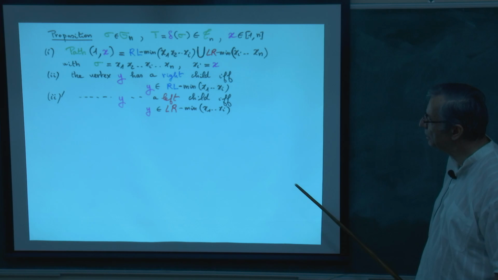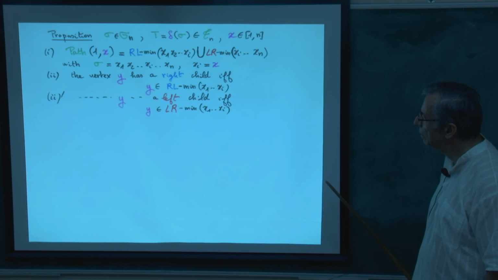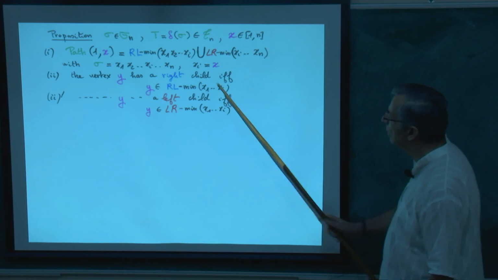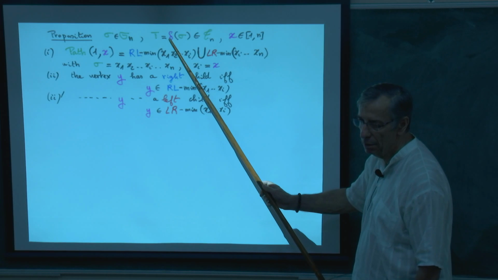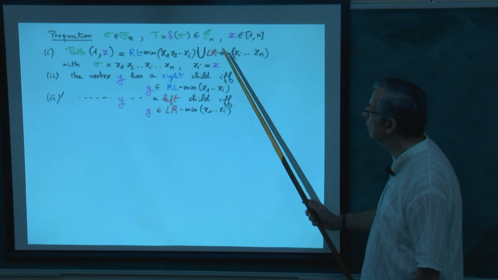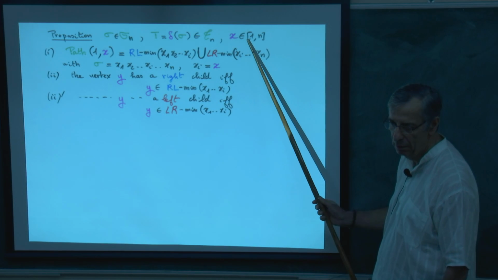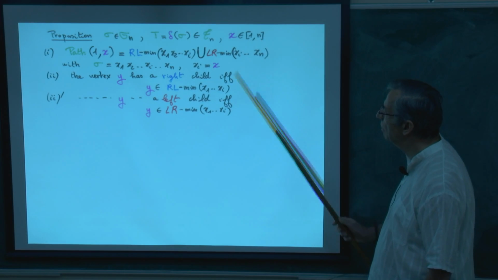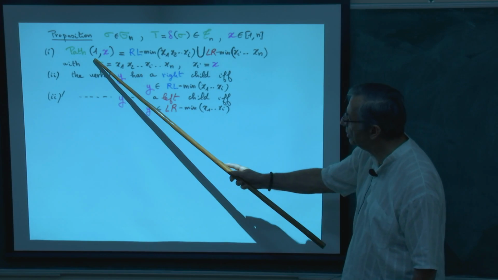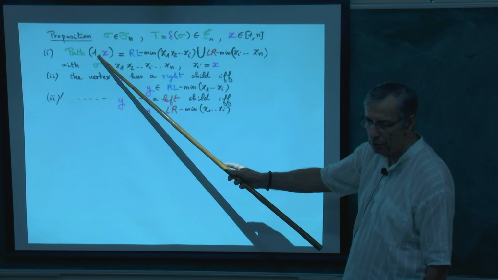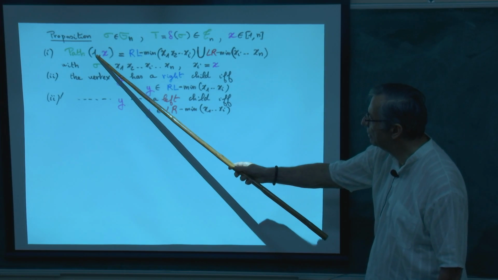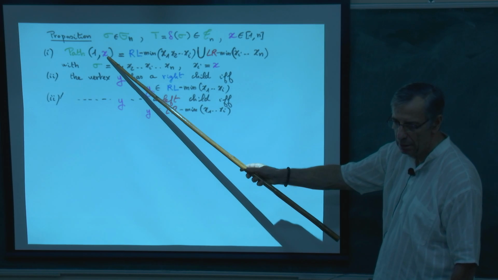So first, you start with the proposition that you have to prove: you take a permutation, you take the increasing binary tree, you take a value x, any value, and then I want a characterization of the path starting from the root in the increasing binary tree until x.